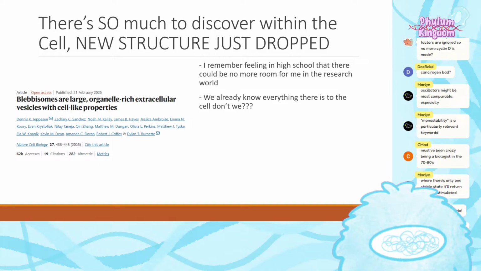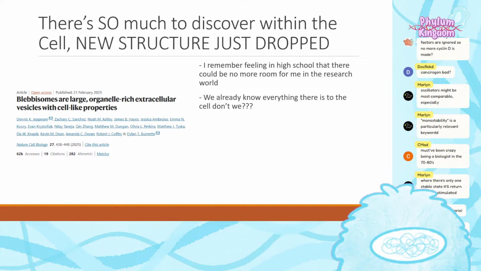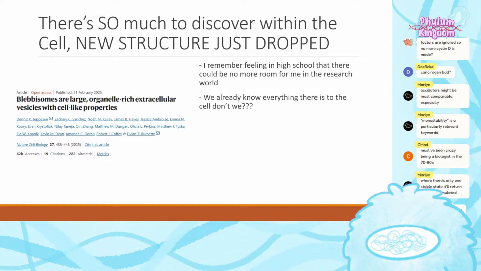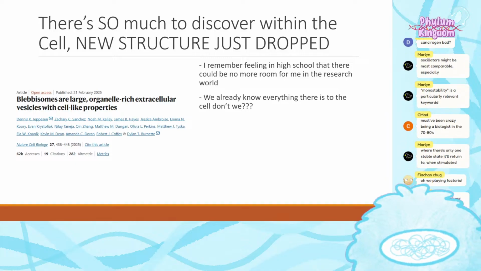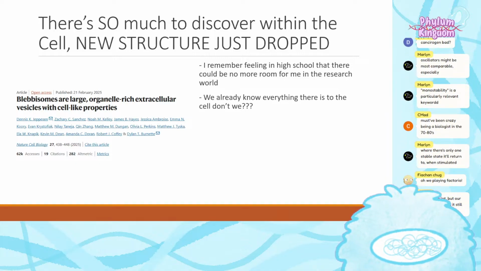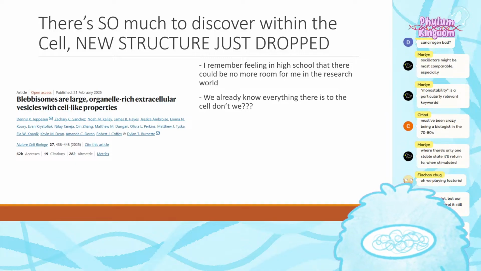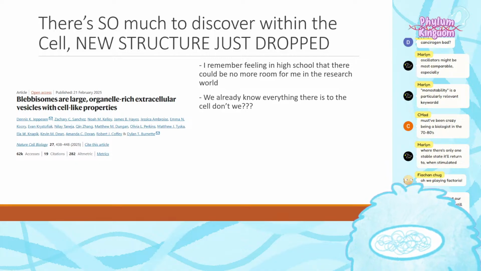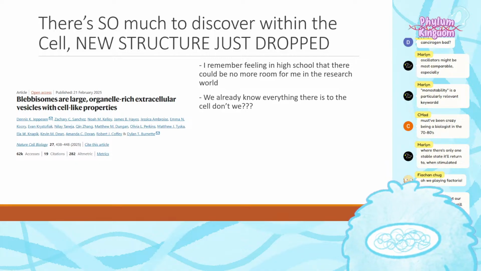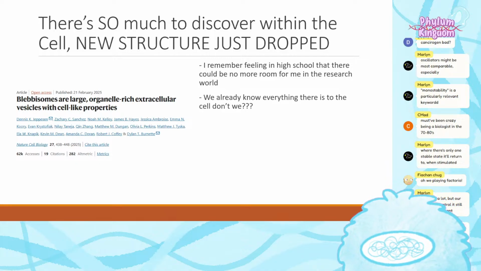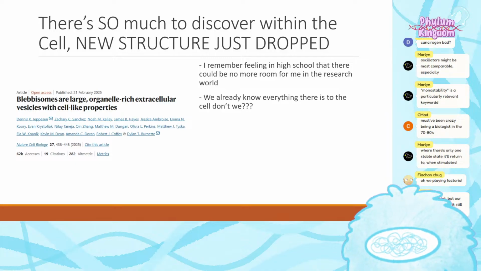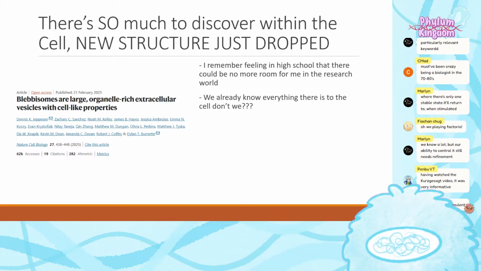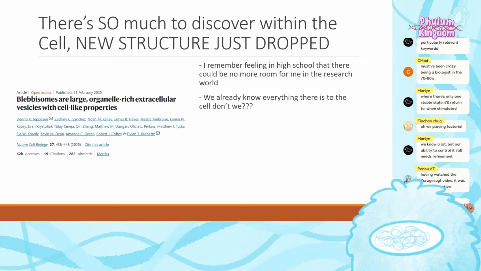And I think a part of a good education in biology, especially at the early stages, I know some of you have yet to take your first real class, is making sure that students are always aware of how much left there is to know, right? And I can't put that on a lot of American teachers' plates because they already deal with so much. But if you can find the tiny bit of room to look into modern research, it might help some of the more passionate students find a passion for biology, right?